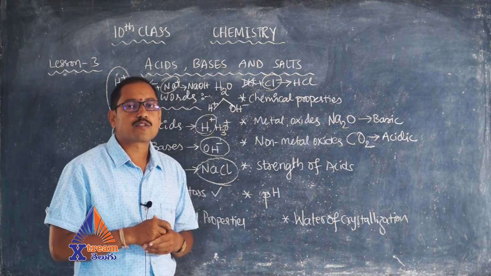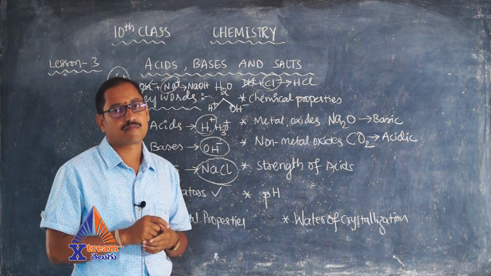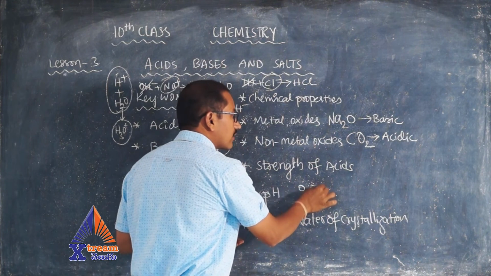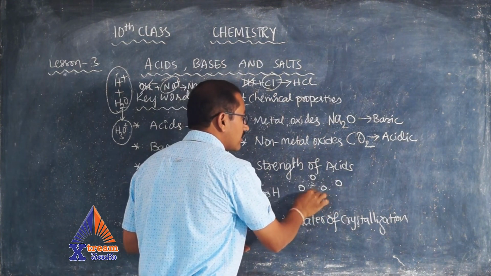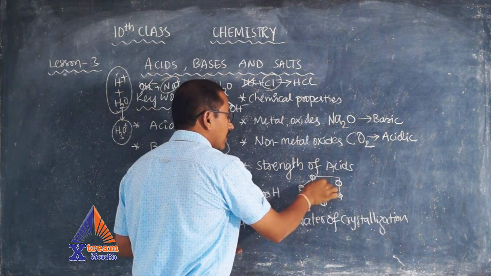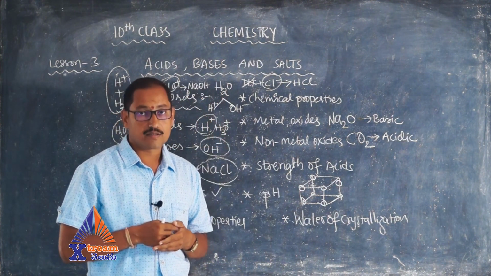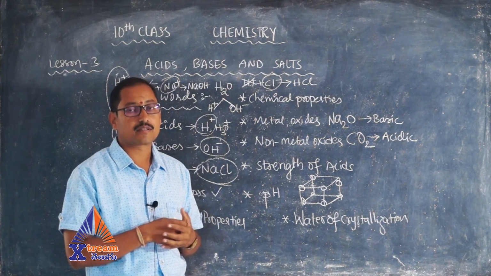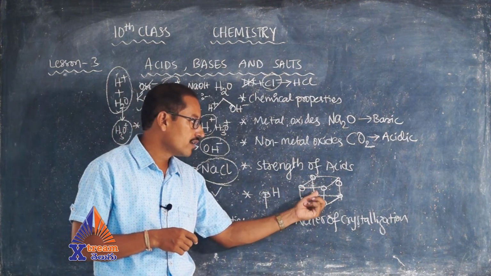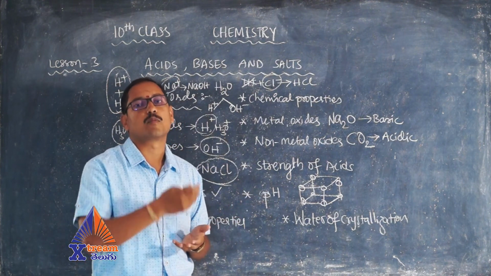Next one is water of crystallization. The salts are generally having crystal structures. The crystal structures are generally like this. They are cubic crystals, cuboid structures are there, diamond structures are there. These structures are called crystal structures. Whenever we get such a crystal structure, in between, the volume has some spaces, and these spaces can be occupied by other molecules.